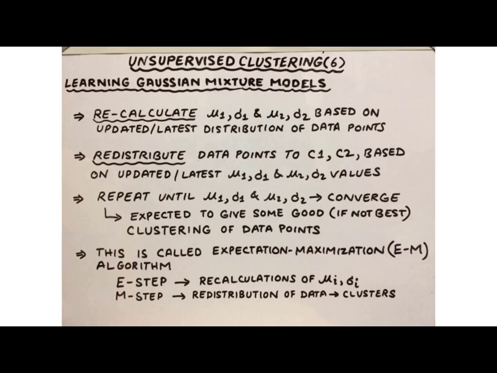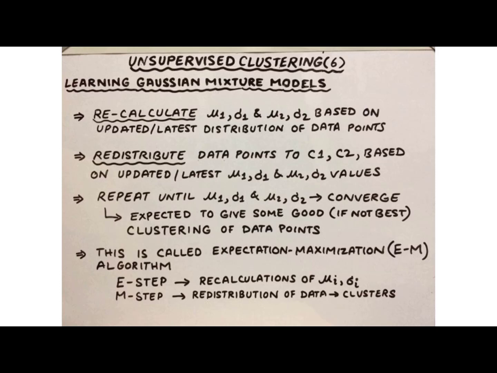So if we summarize this Gaussian mixture model learning problem, it is actually based upon two steps that work in tandem. The recalculation or refitting step, in which we update the mean and the standard deviation values of the clusters based upon the updated distribution of the data points.